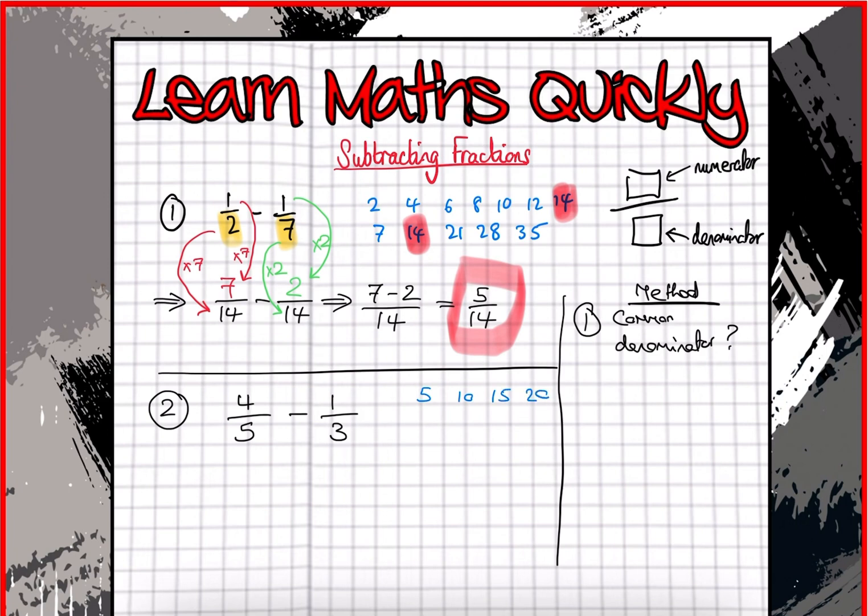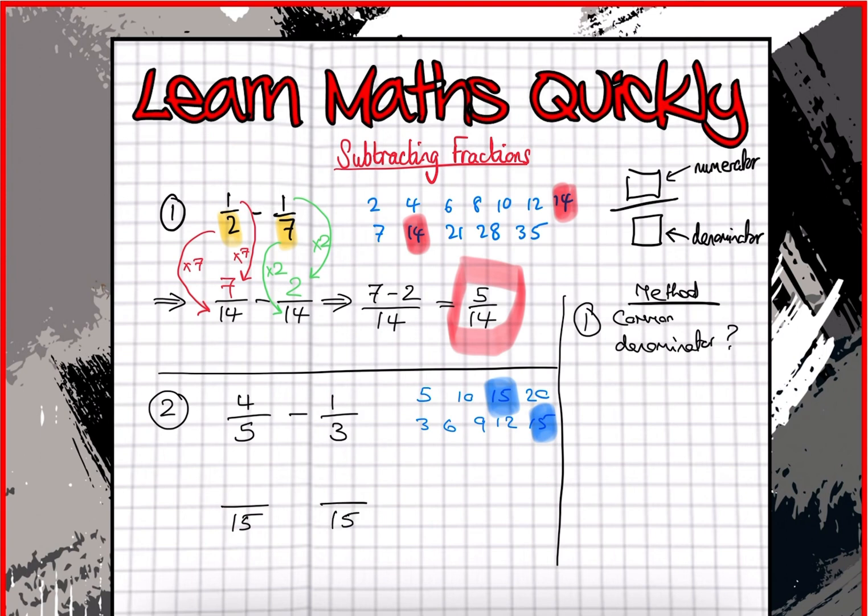Again, we don't need to go all the way up to 5 times 12. And then we'll write out our 3 times table. 3, 6, 9, 12, 15. And at this point, we can stop because we can notice that there's a number in both of the 5s and the 3s, which in this case is 15. So we know our common denominator is 15.